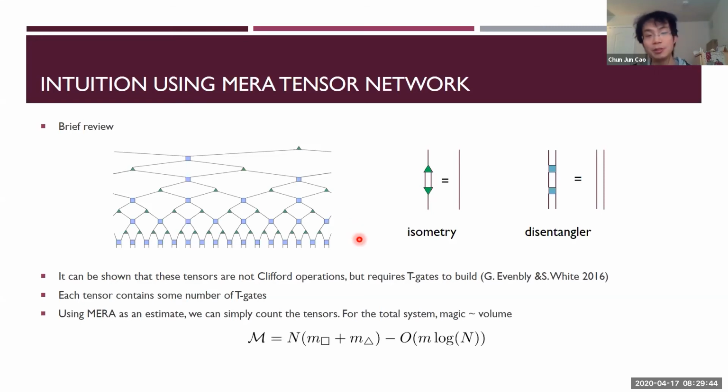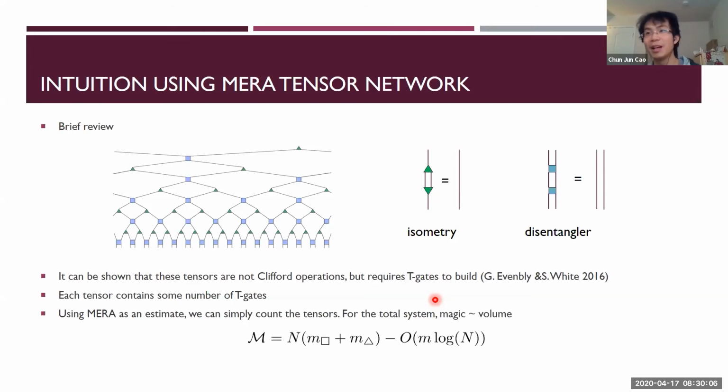And now suppose you do that and you find out what the tensors are, the squares and the triangles. You realize that these tensors, which you can then turn into quantum gates, are not Clifford gates, right? No surprise there. But each of them requires a certain number of T gates to build.